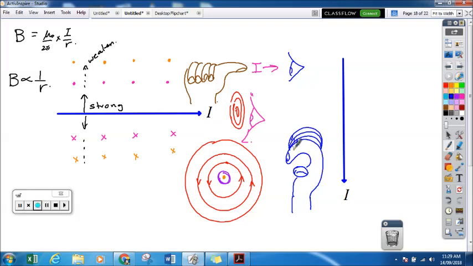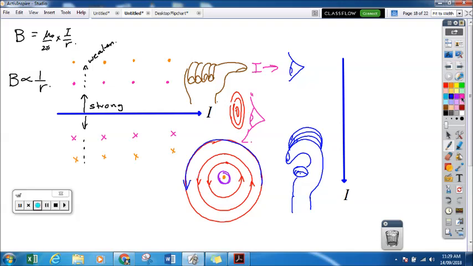Here's your thumbnail. There's your palm. This is the back of your hand. And therefore your grip rule is saying that these circles should go, in this case, anti-clockwise. So the grip rule is the easiest way to determine which way this circular pattern goes.